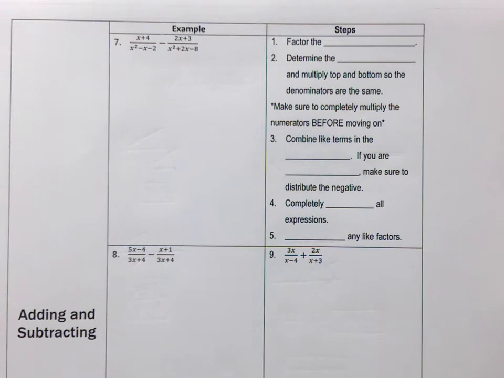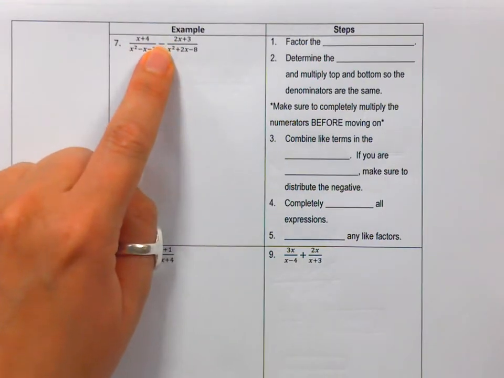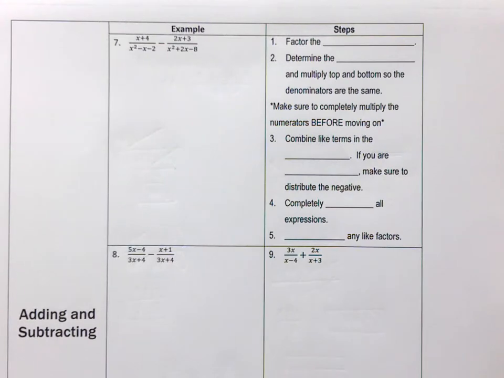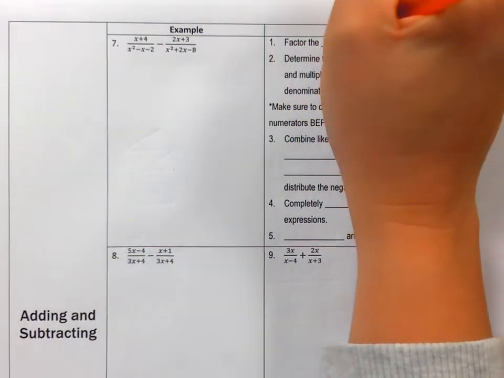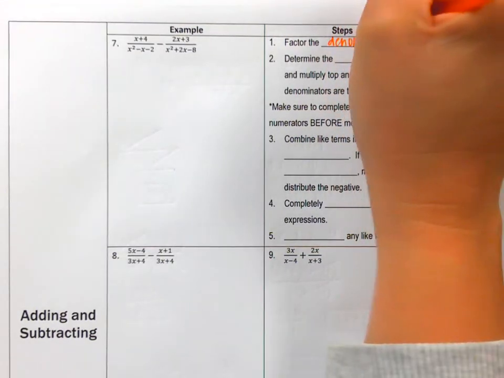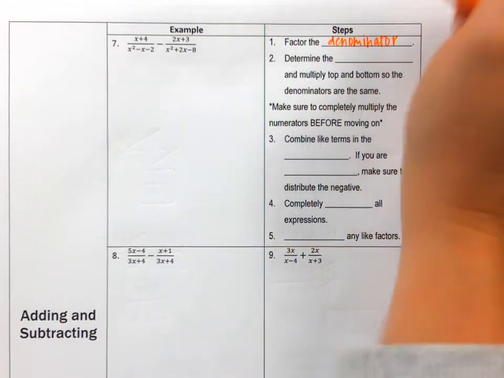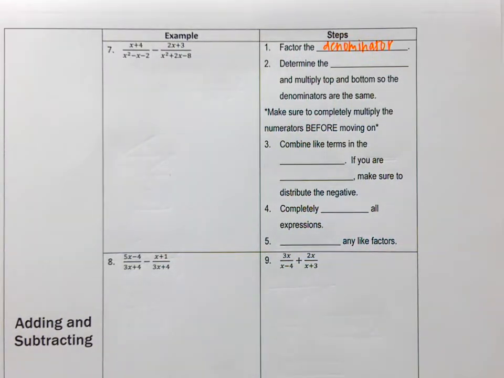So number 7, first step, whenever you're adding and subtracting, which you can tell because of that sign in between, is to factor the denominator. Now, you may be thinking, why not the numerator? I'll go over that in a second.